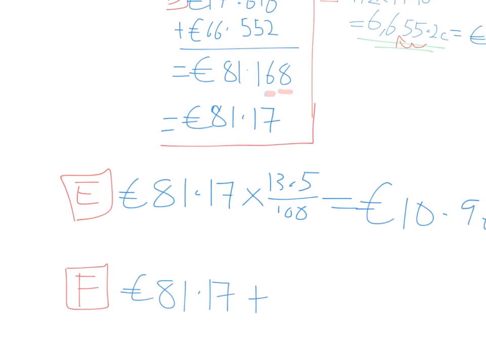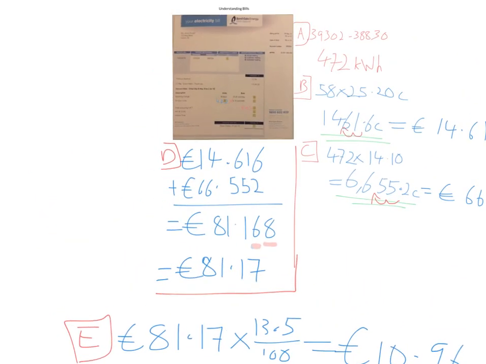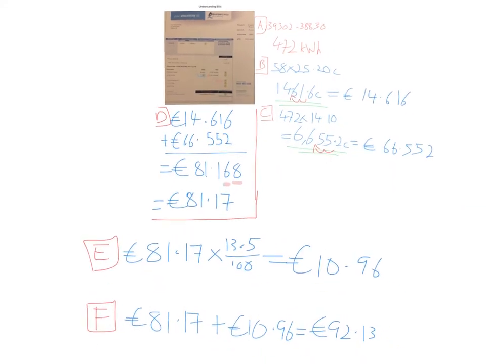We're going to add on then how much they owe in tax, which is 10 euros and 96 cents. Overall, this gives us 92 euros and 13 cents. So at this point, we've filled in all those different sections now on that bill. And hopefully we all have a better understanding of what comes into the door when we get our first electricity bill in a few years down the line.